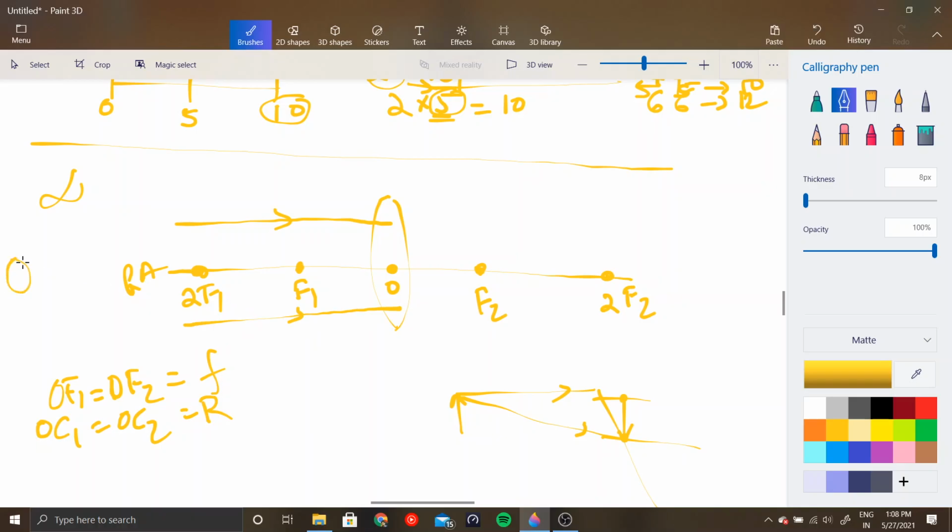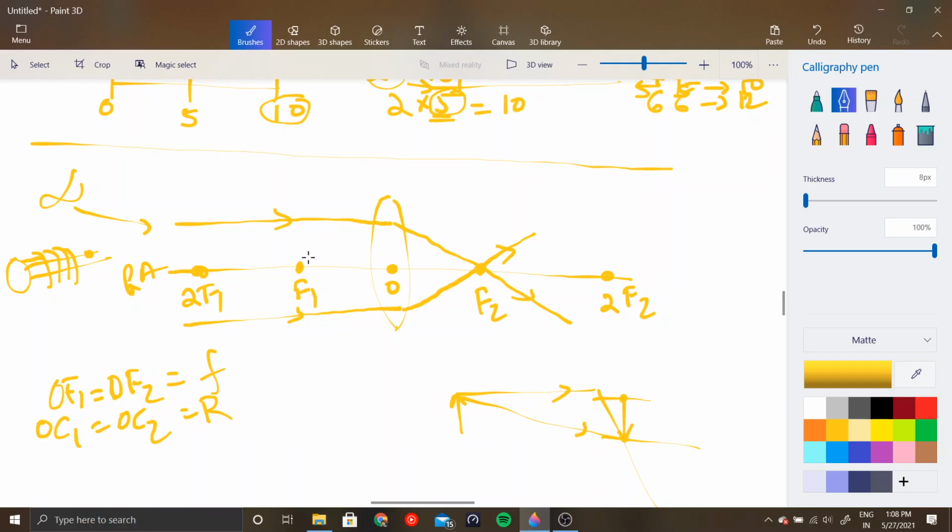The light from the sun, when it reaches the earth, it is more or less parallel, right? Okay, so light coming infinitely far away, it's parallel. So what do you know about parallel rays to the principal axis? After it passes through the lens, it will pass through the focus, right?